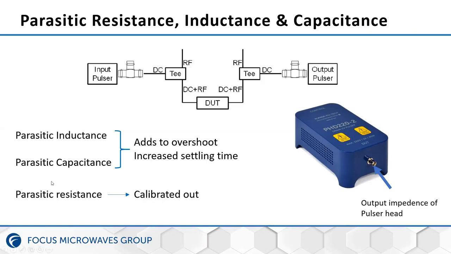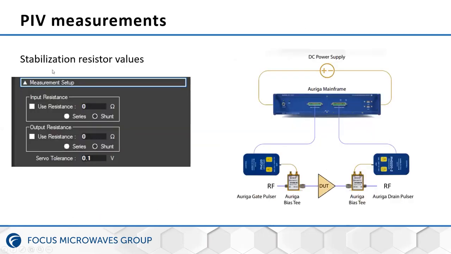The last point I will talk about is the parasitic resistance. This parasitic resistance can always be calibrated out. How? Let's take an example where, between our device and our pulsar head, we have a cable, a bias tee, maybe some adapters, then again a cable until we reach our DUT reference plane. For this path, we can always calculate the path resistance.